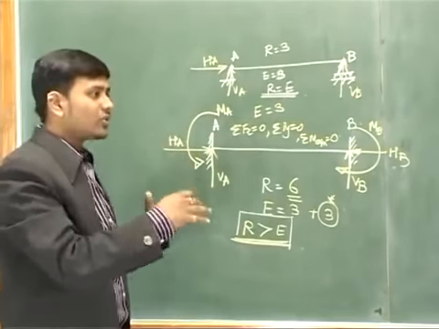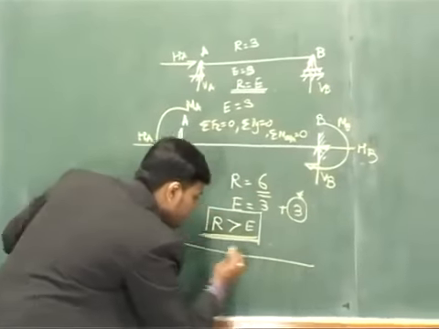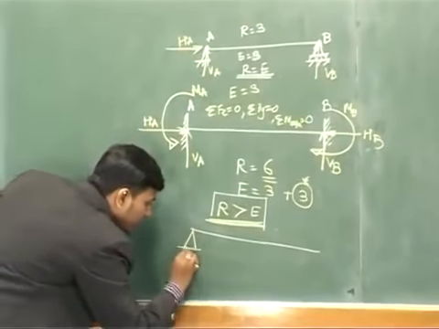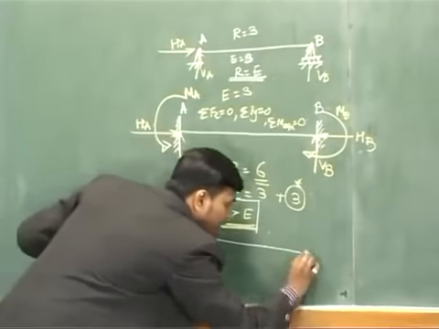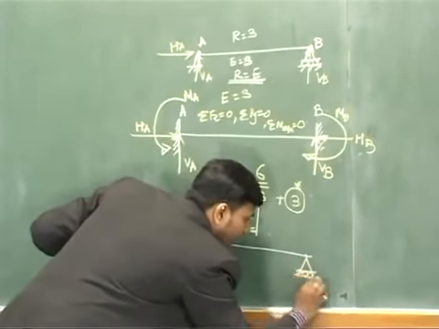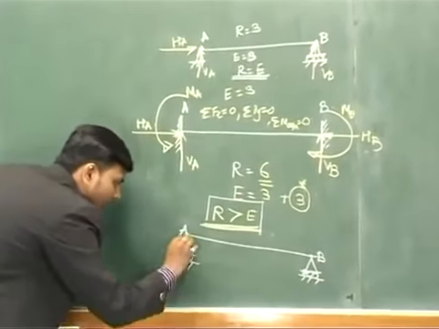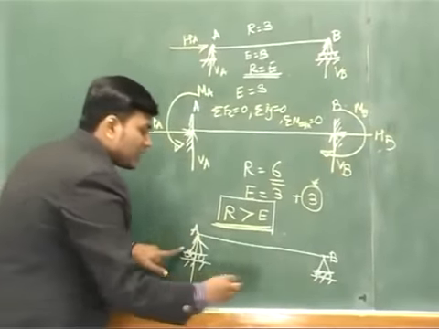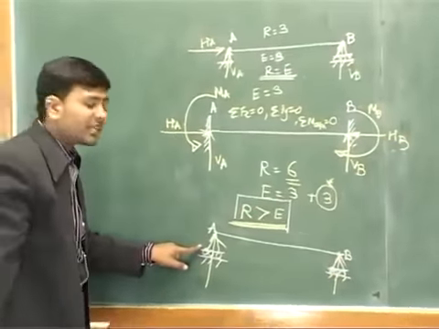Whereas the third option we have posed is a statically unstable structure. Such a condition occurs if we have a roller at A and again a roller at B. Therefore it will give 2 reactions, one vertical reaction at A and one vertical reaction at B. Reactions are nothing but constraints.